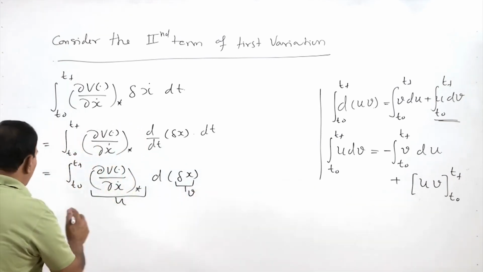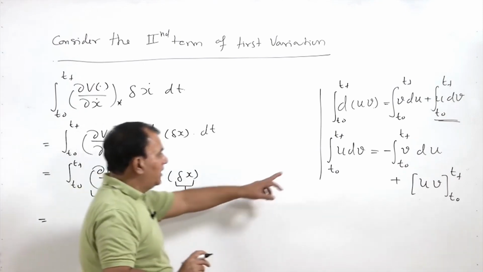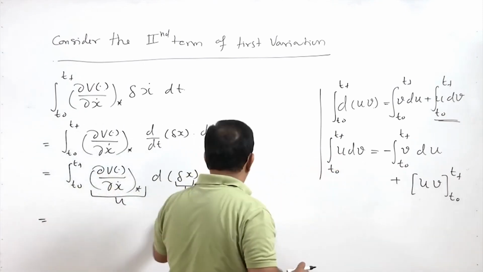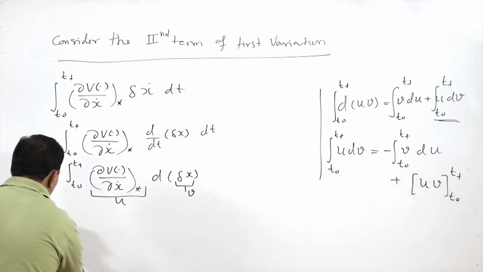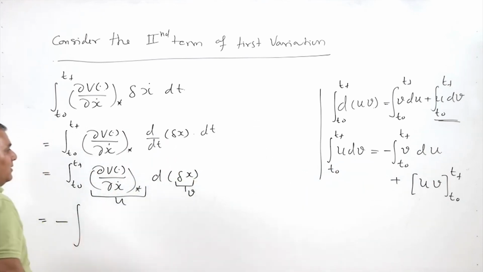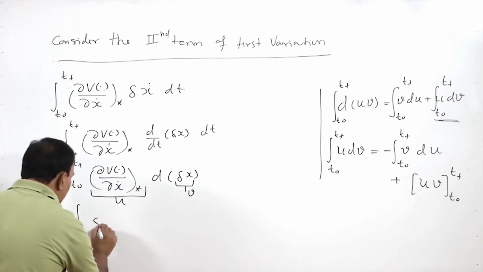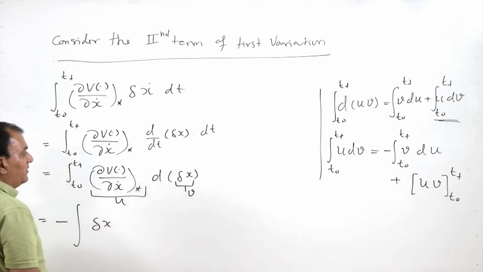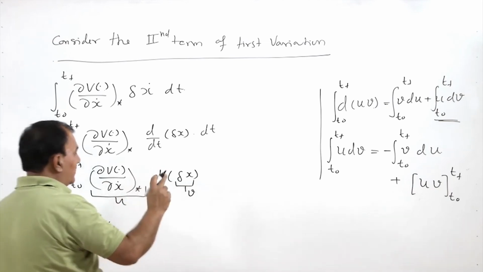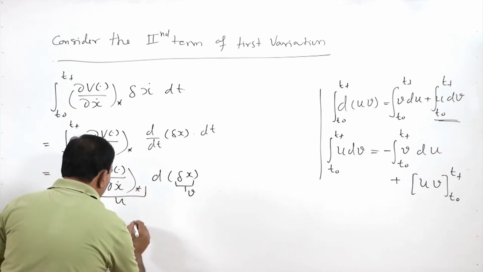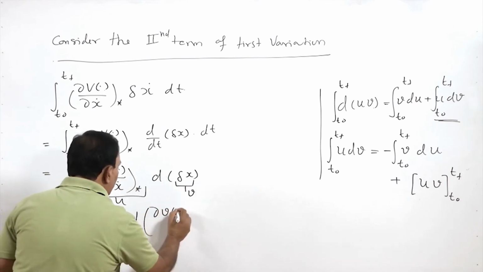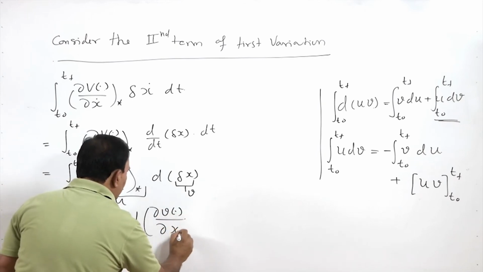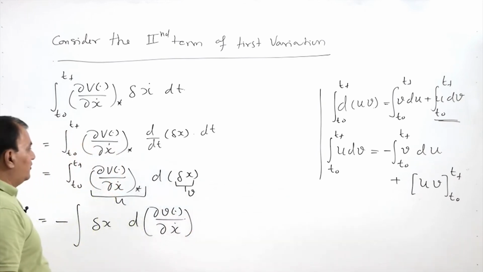So, what can I write from here? This u dv is minus the integral of v, where v is nothing but my delta x, du meaning d of del V by del x dot.